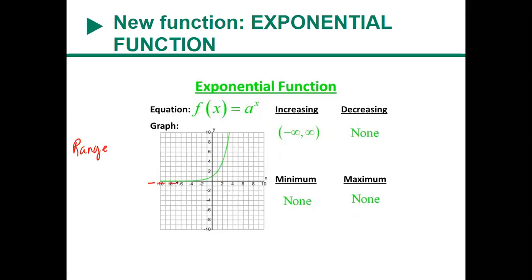Because there is an asymptote at y equals 0, our range is from 0 to infinity. However, our domain has no discontinuities, so our domain is from negative infinity to positive infinity.